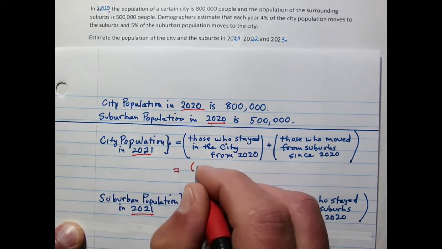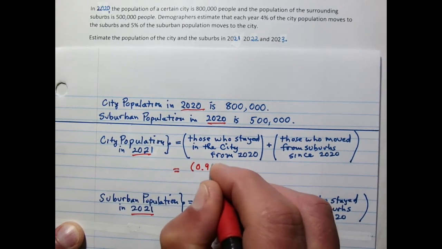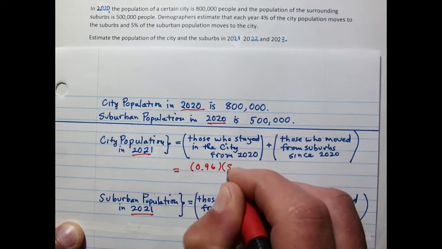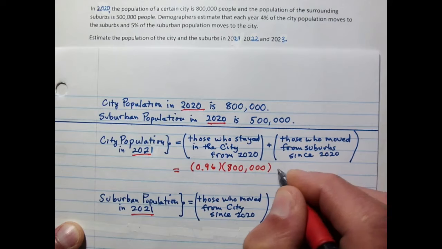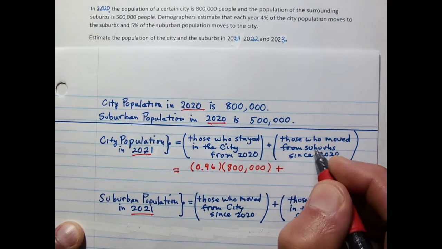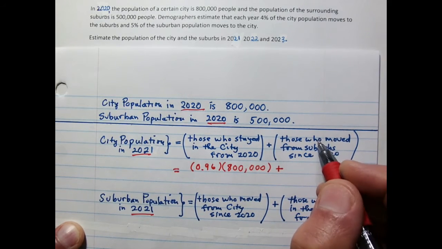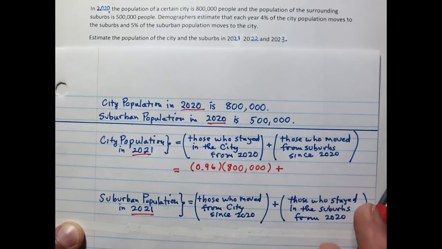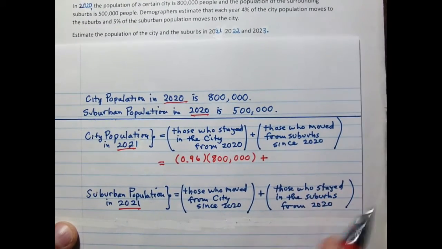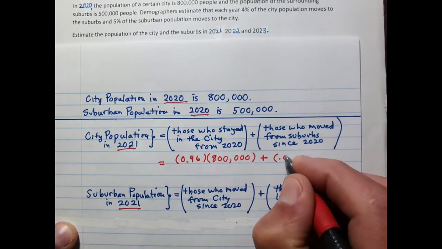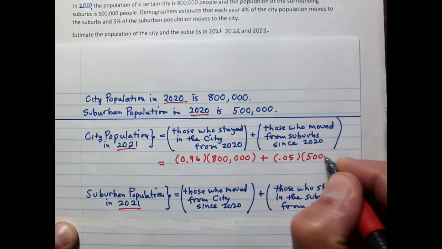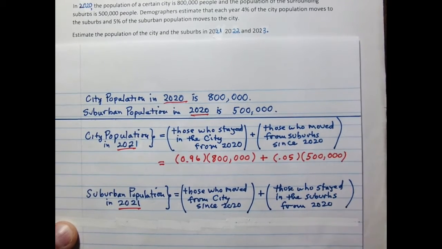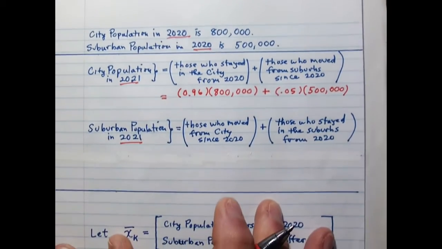So I can write this as 0.96 times 800,000 will be the city population that's left, plus the people who move from the suburbs. 5% of the suburban population moves to the city, so that's going to be 0.05 of the 500,000. We'll add that up in just a second, but right now we're just looking for patterns here.